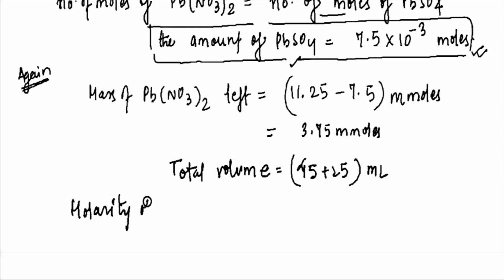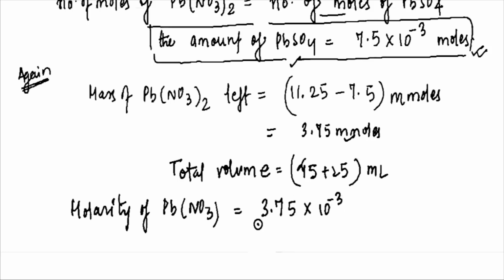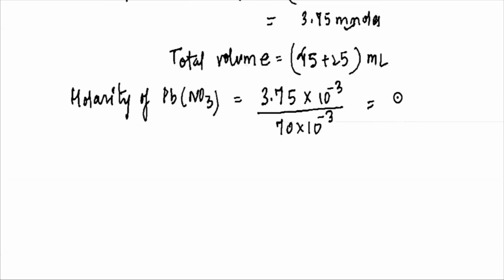So the molarity of Pb(NO3)2 can be calculated as the number of moles that it has, 3.75 into 10 raised to the power minus 3 moles, upon 70 into 10 raised to the power minus 3, right? So this will be equal to 0.0536 molar, right?